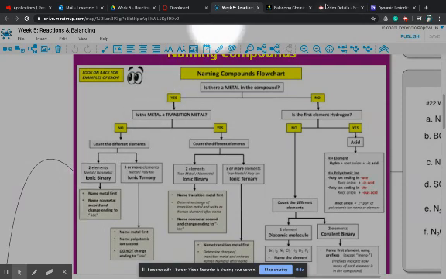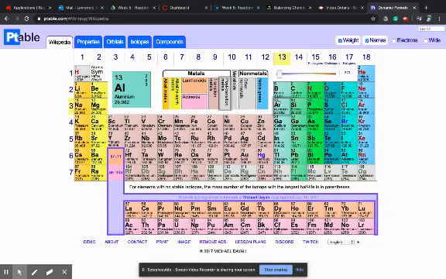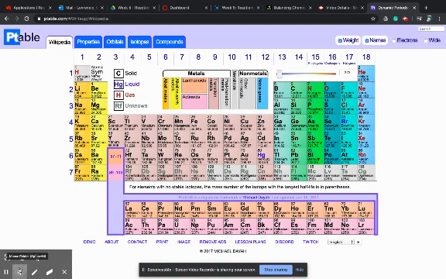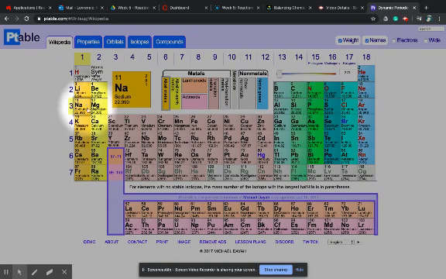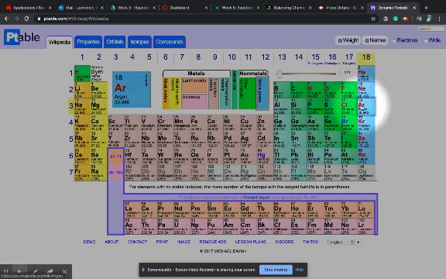Okay? So if you look at our periodic table, we see that we have the simplest type. We have metals. So remember, these are all our metals. Okay? We have nonmetals, opposite ends of the periodic table. Easiest type of ionic compound.